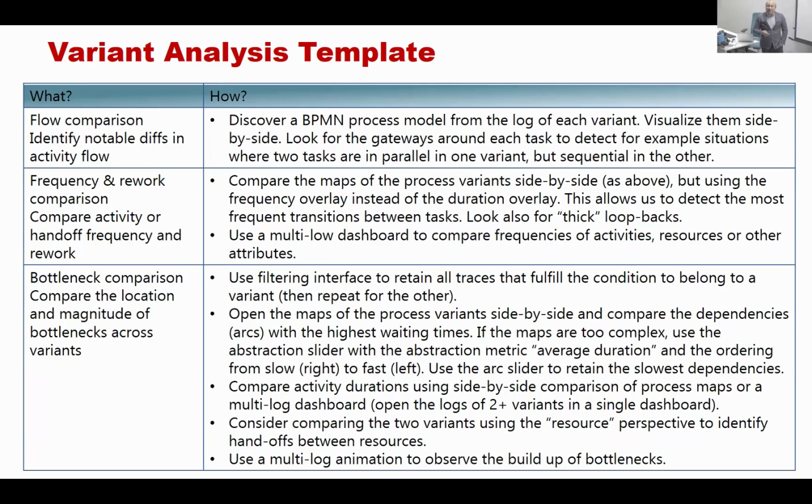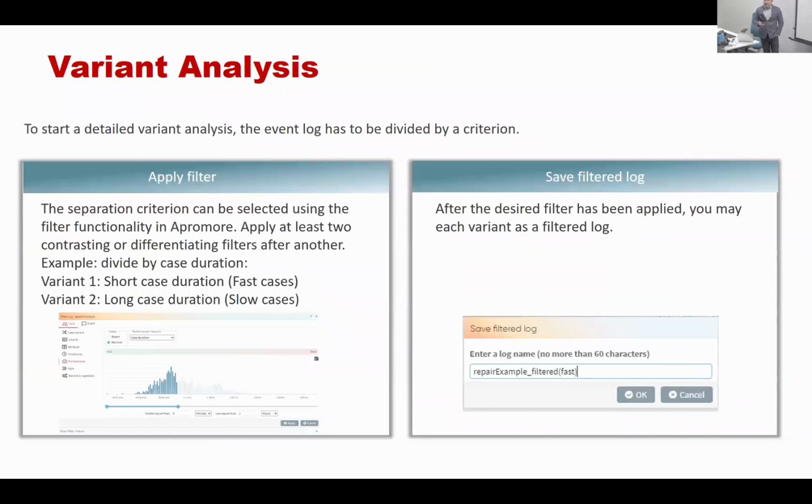Or are there differences in the time performance, or the place where bottlenecks are located, or the way bottlenecks build up in different variants? For any of those activities, the first thing that you have to do is to filter cases to construct the event logs of the two variants.